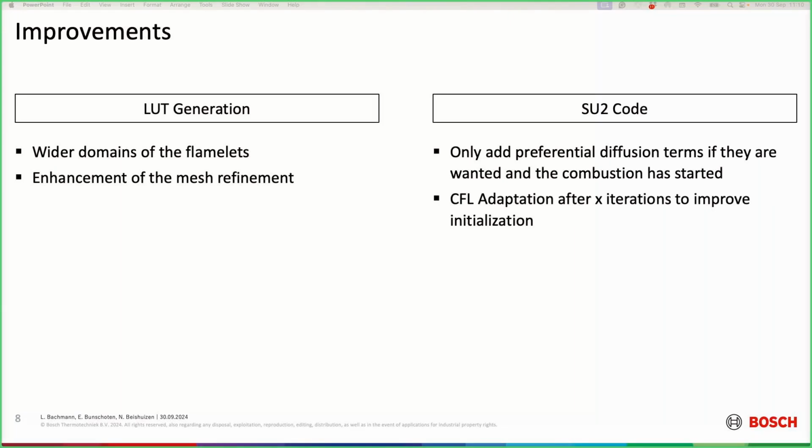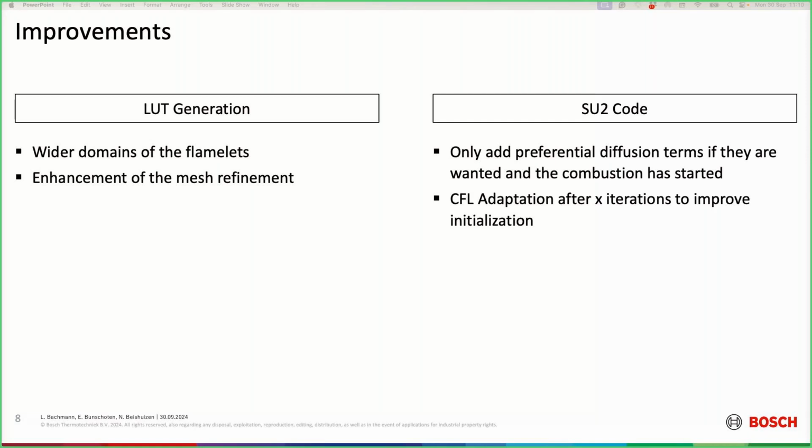On top of that, we had some issues with the CFL adaptation in combination with the spark initialization. If you do the spark initialization together with the CFL adaptation, by the time the spark actually is there, your CFL number is already so high that the flame either immediately flashbacks or blows off.